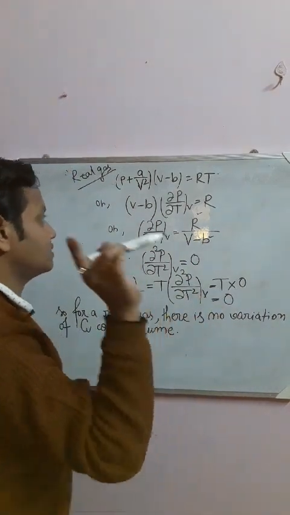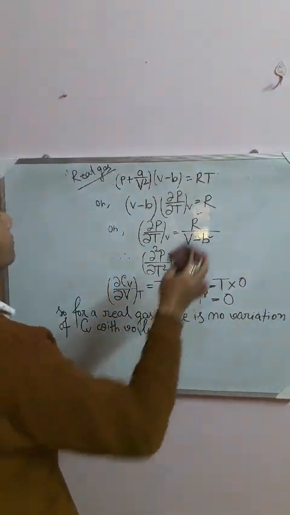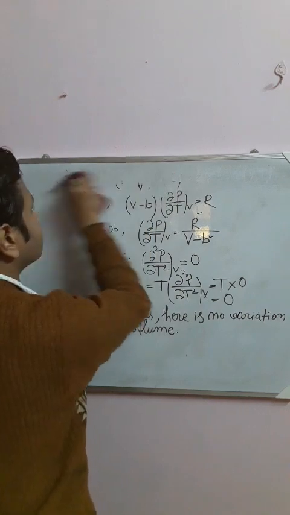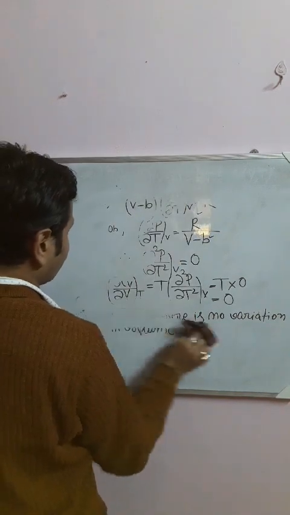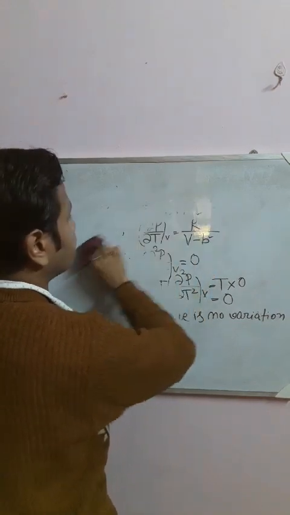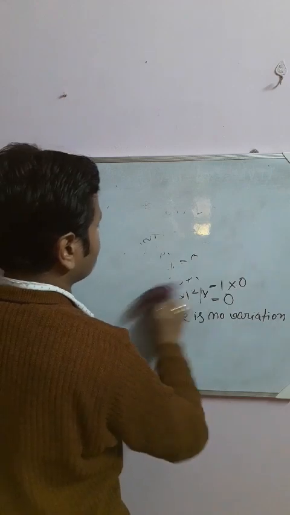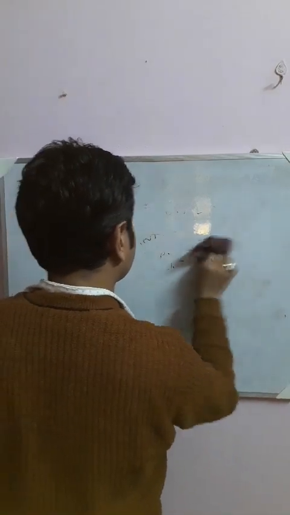Okay, so this is the first heat capacity relation. So we checked the first heat capacity relation for both gases, whether perfect or real, and no matter which, the variation of CV with volume at constant temperature is always 0. Okay, so this is the first relation.